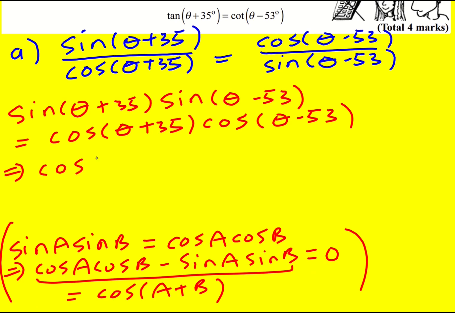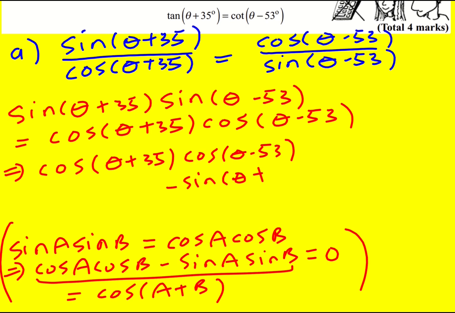So I'm going to just write it in full. It's going to be cos of theta plus 35 times cos of theta minus 53, minus sine of theta plus 35 times sine of theta minus 53, equaling 0.